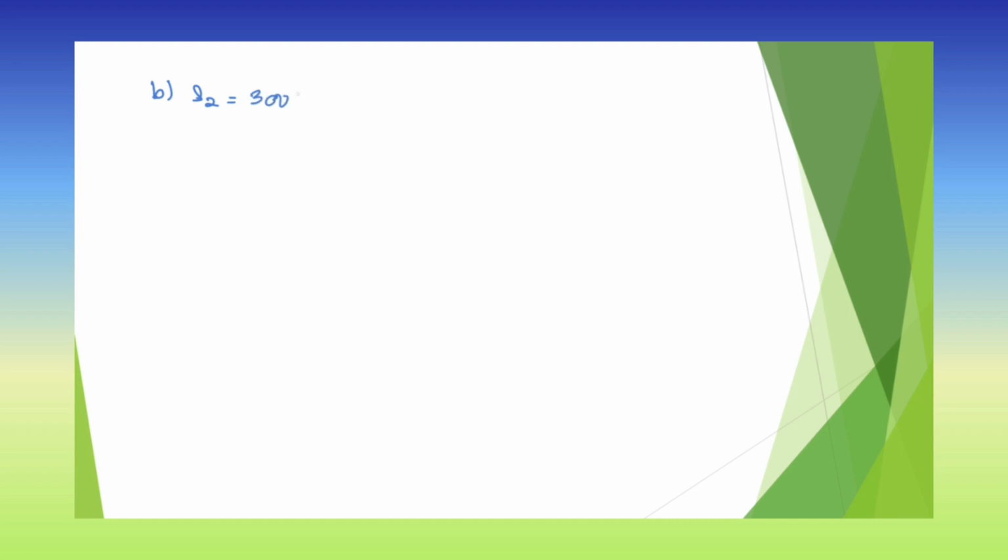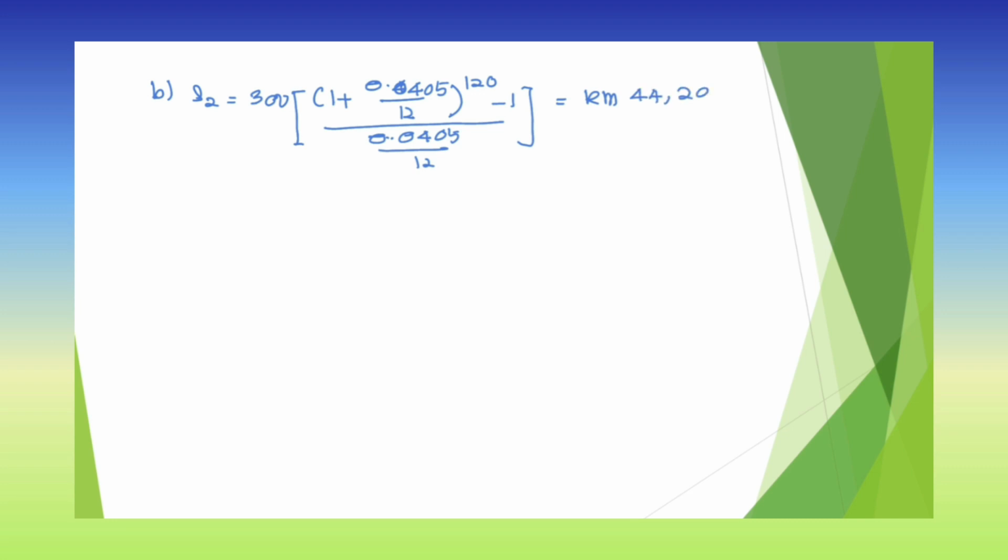R equal to 300, (1 plus 0.0405 over 12) to the power of 120 minus 1, over 0.0405 over 12. So S2 here equal to RM 44,291.60.